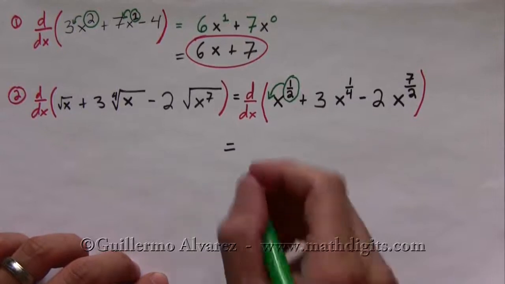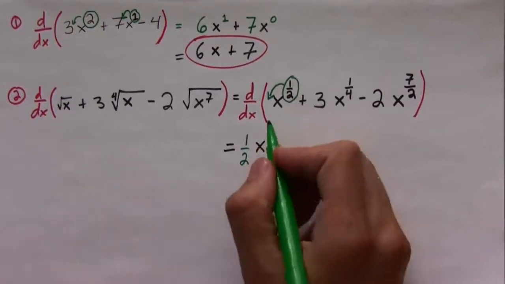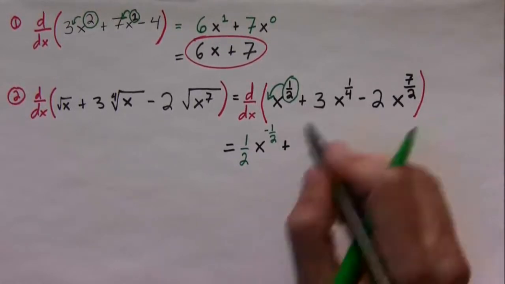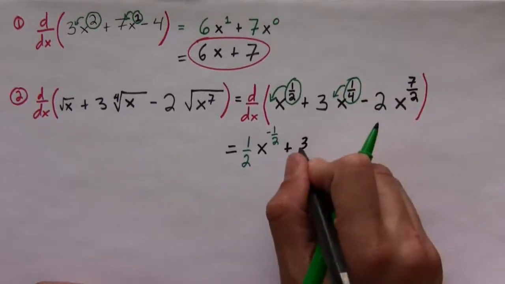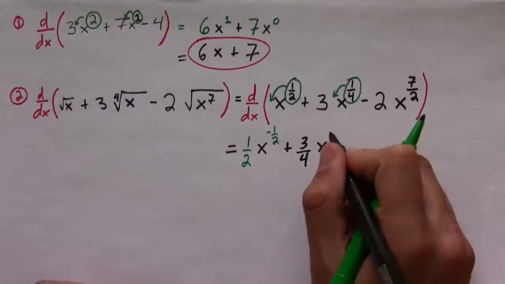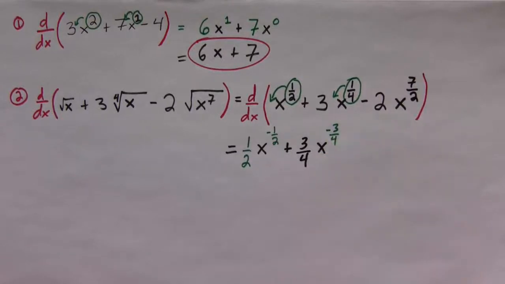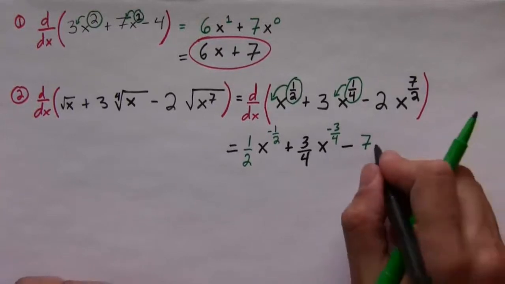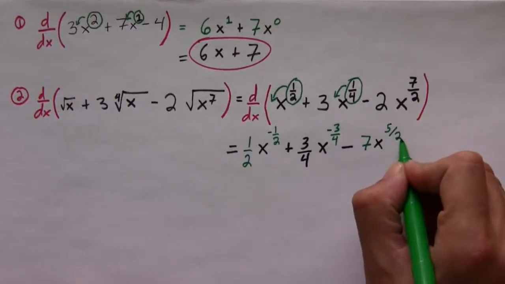So this is going to be 1/2 x to the, we subtract 1, we get negative 1/2, plus, we bring down the 1/4, so we get 3/4 x to the, we subtract 1 from 1/4, we get negative 3/4, minus 7/2 times 2, that's going to be just 7, x to the 7/2 minus 1, which is 5/2.